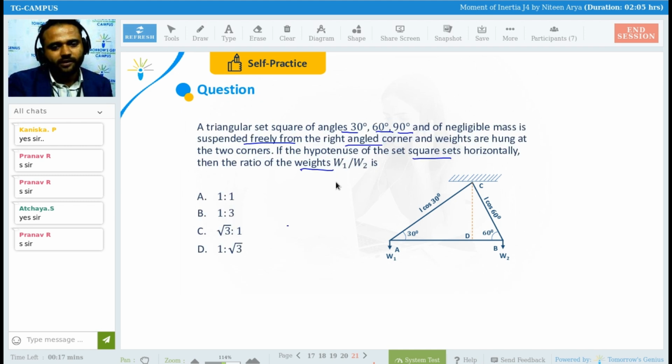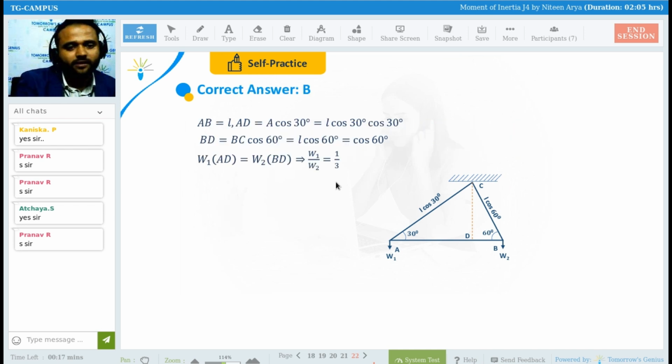So the ratio of weights W1 and W2 is going to be 1 by root 3, because AB, as you can see, is going to be L. Obviously we choose this particular length L, and AD is going to be L cos 30 degree. And then BD is going to be L cos 60 degree. So L is going to be cancelled here.